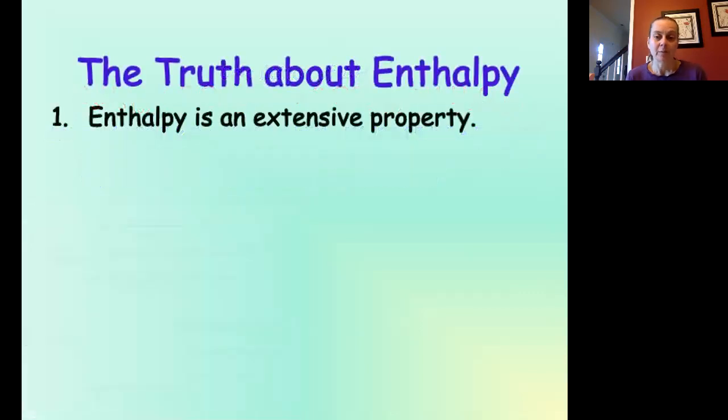So just a couple of reminders about enthalpy. Enthalpy is an extensive property. It depends on how much of something there is. And so this is why we'll often see it expressed in kilojoules or joules per mole, so that takes it to a consistent and constant value for a reaction.